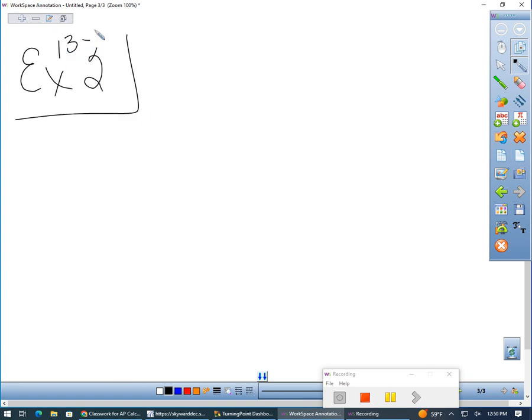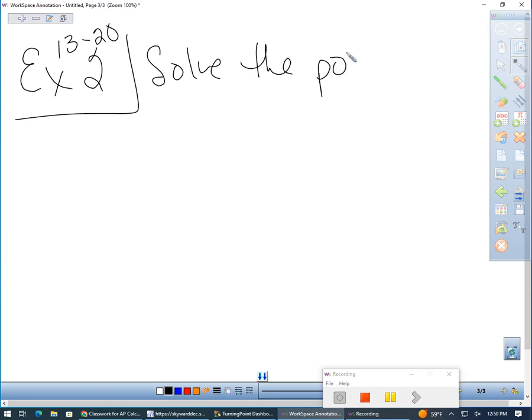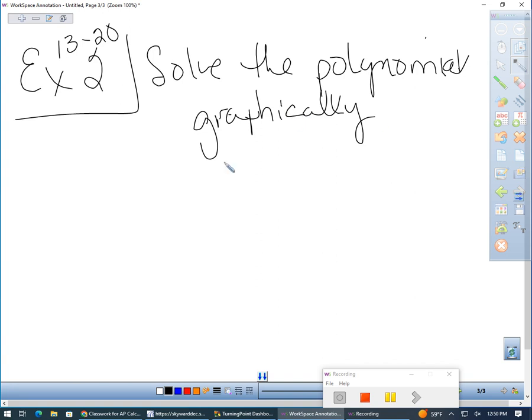Here, this is 13 through 20. In this section, it says, solve the polynomial graphically.